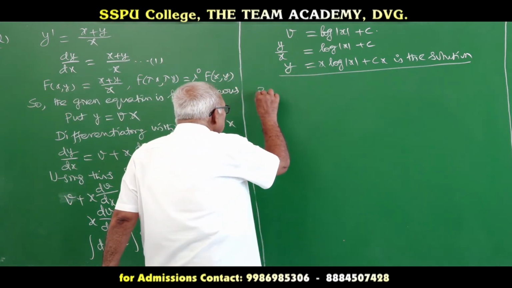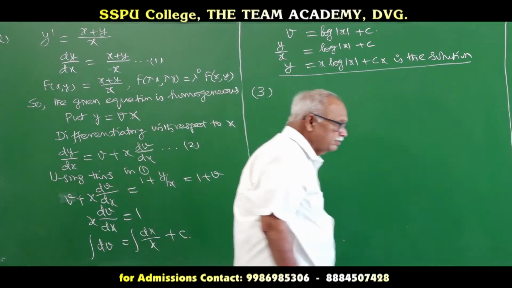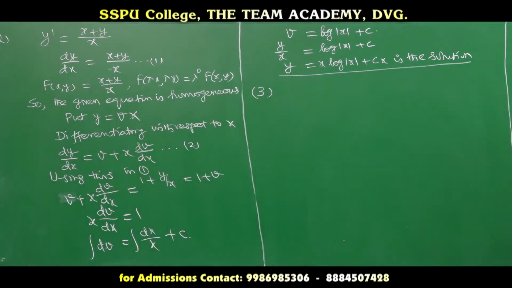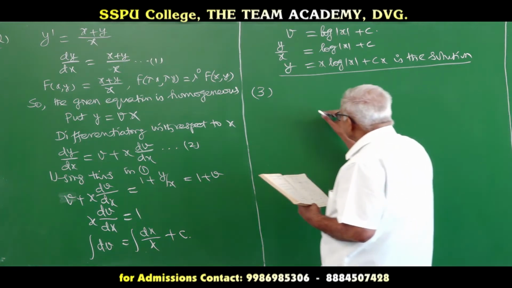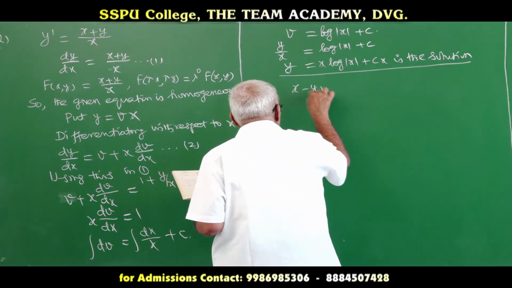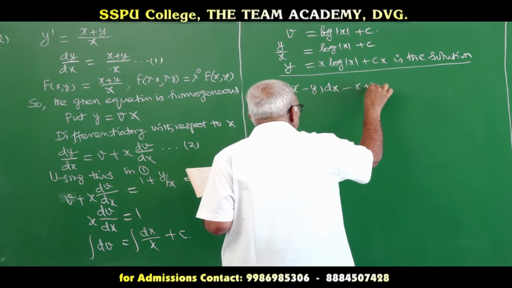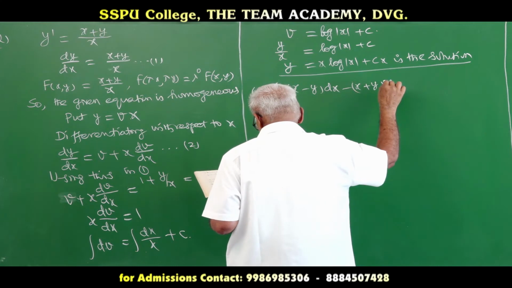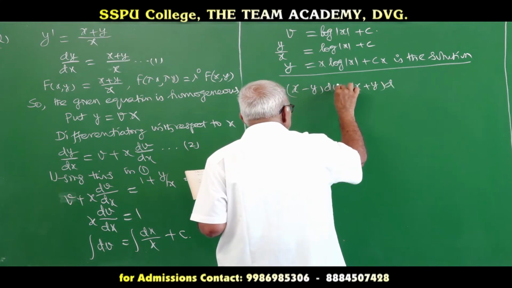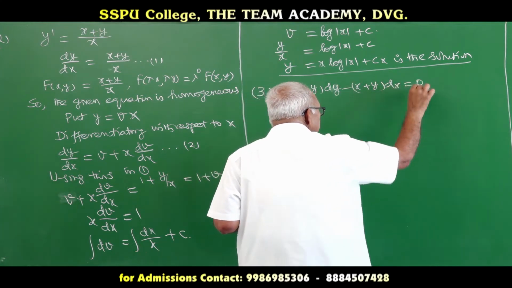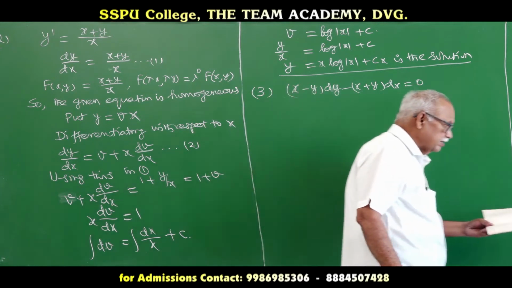Now, let us go to the next question, which is 3. x minus y dx minus x plus y dy is equal to 0. Now, what is dy by dx?